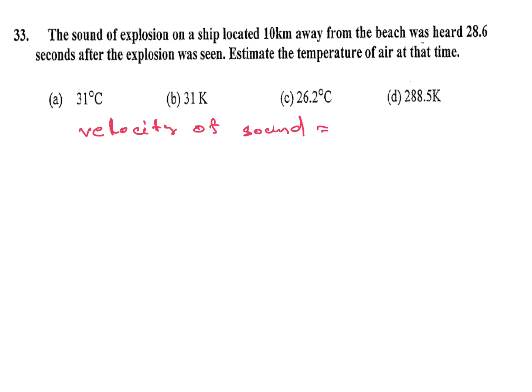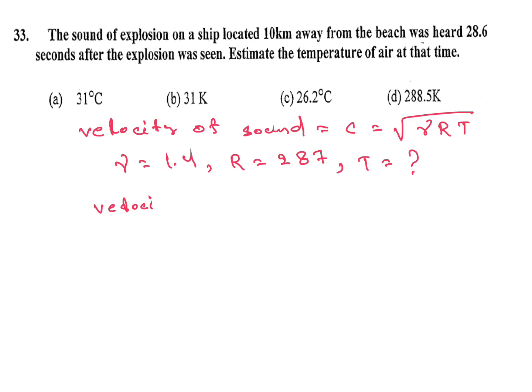We know this one, already discussed: C equals root of gamma RT. Gamma is 1.4 for air. R is equal to 287 joule per kg Kelvin. T we have to calculate. And one more thing, velocity V, or in this question C, equals displacement by time.